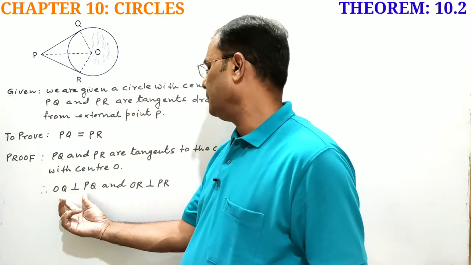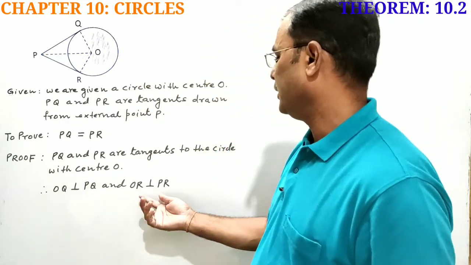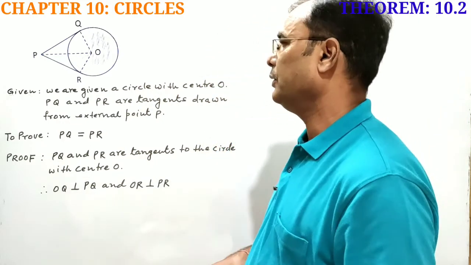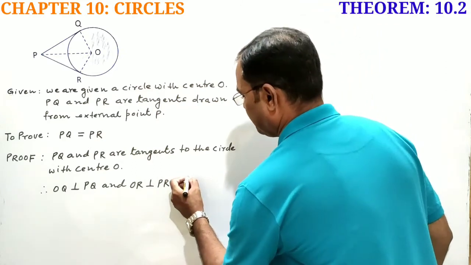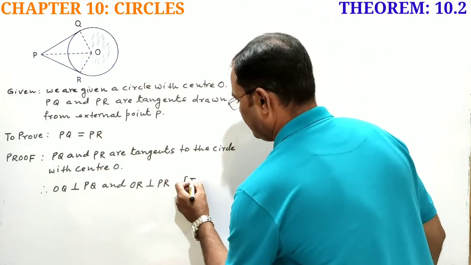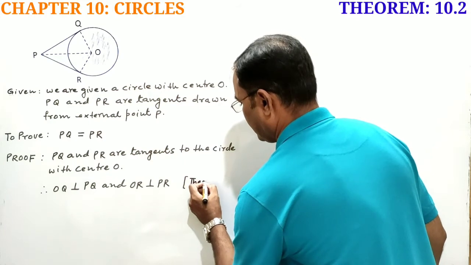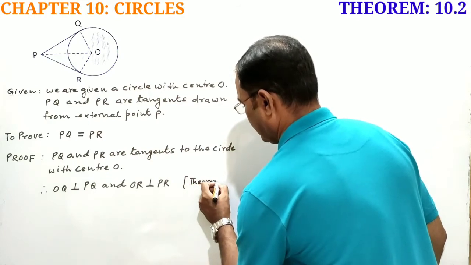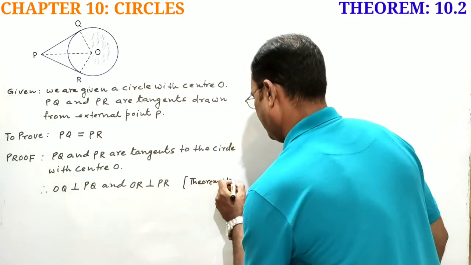So OQ is perpendicular to PQ and OR is perpendicular to PR. Theorem 10.1.